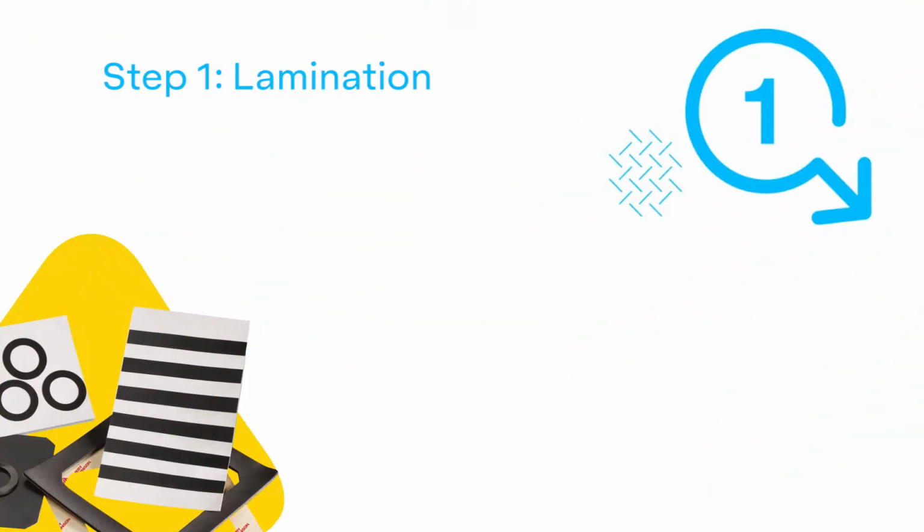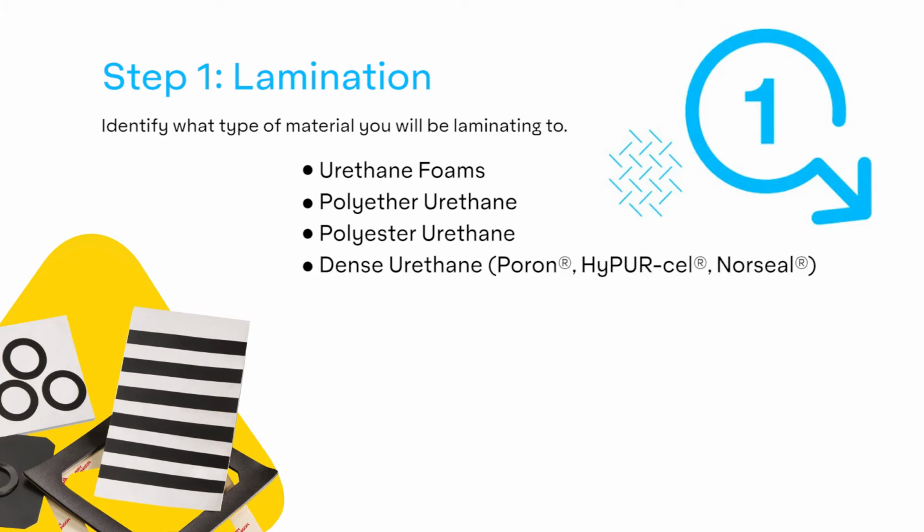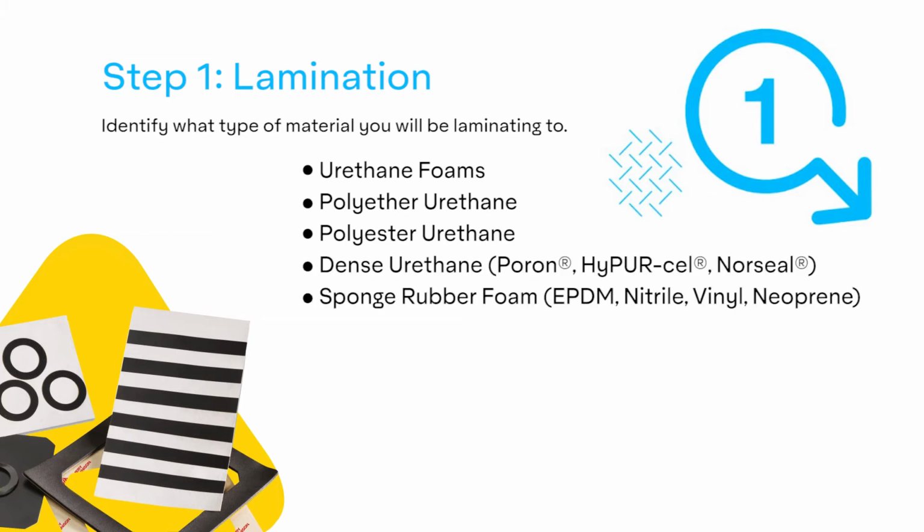So let's now talk in a little bit more detail about the first step, the lamination step, which is to what kind of materials you will laminate your tape. For example, urethane foams, polyether foams, polyester foams, could also be higher density foams. Rubber foams like EPDM and neoprene, for example. Silicone foams.